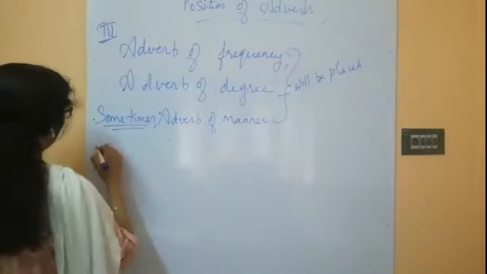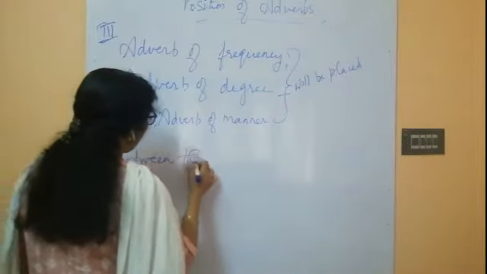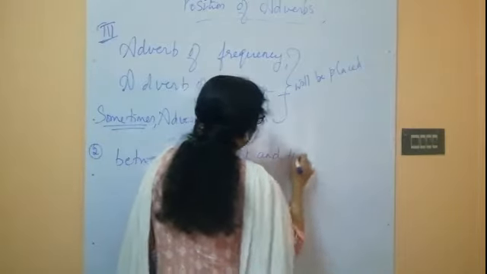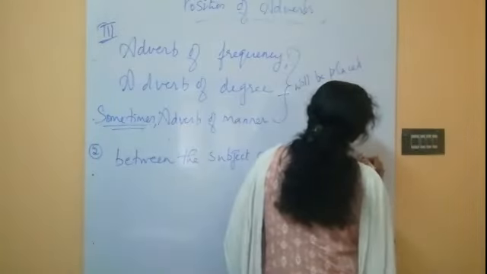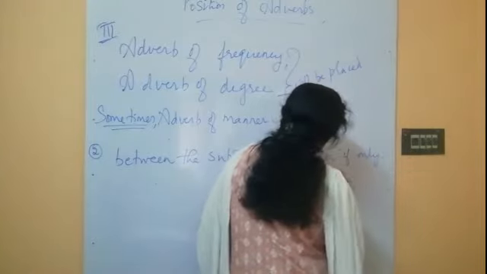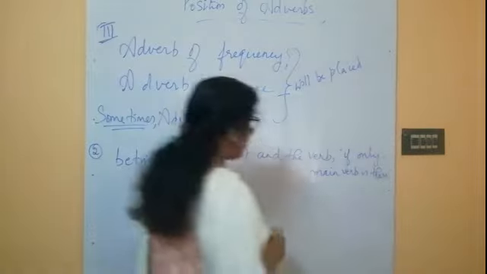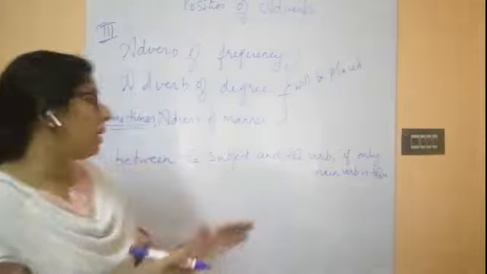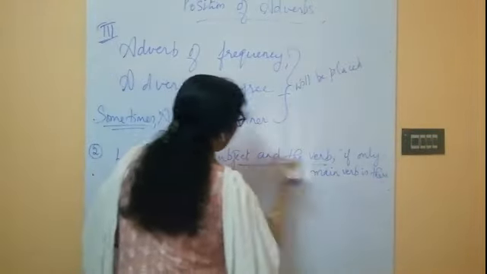Second one: between the subject and the verb, if only main verb is there. That is a speciality. If helping and main verb is there, we have to insert the adverb in between the helping and main verb. But if only main verb is there, you have to place it between subject and the verb.